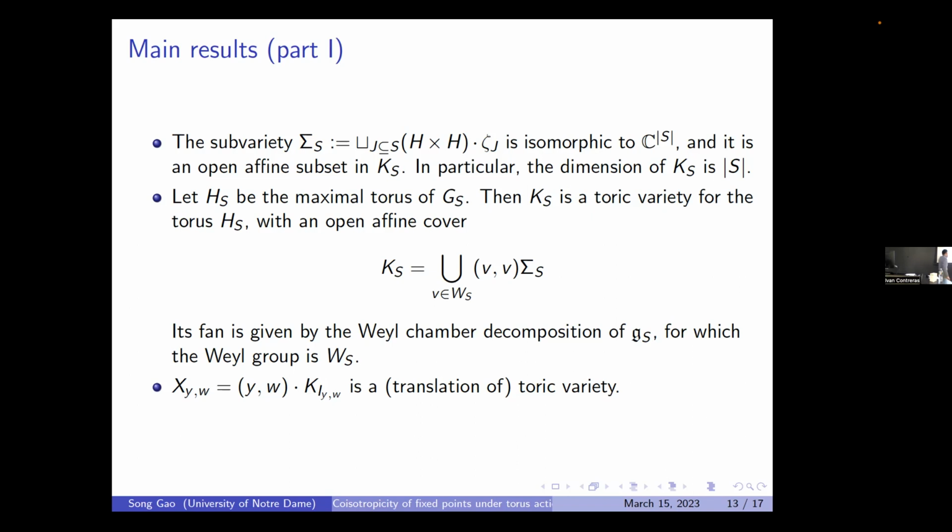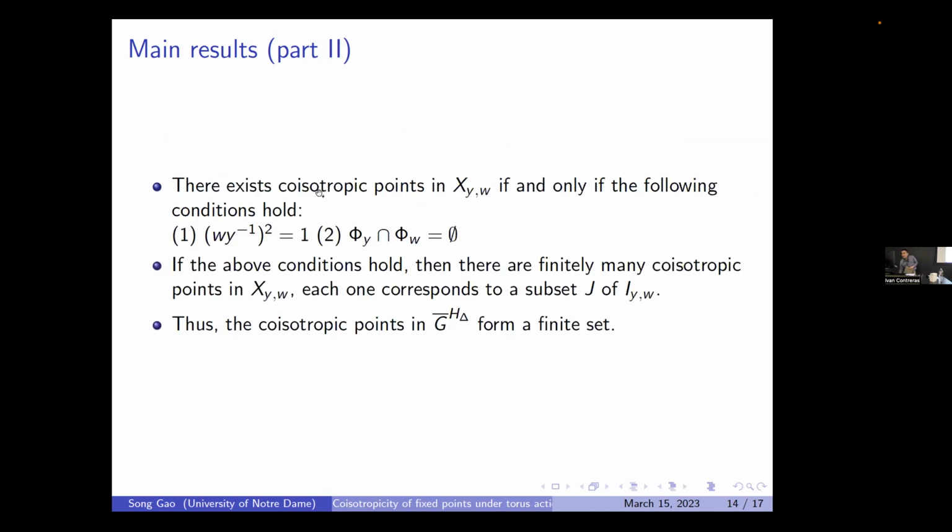So recall that this is an irreducible component of the torus fixed points. And so far, what I've determined are the torus fixed points. And next thing to do is to determine their coisotropicity. And this is part 2 of my main results.